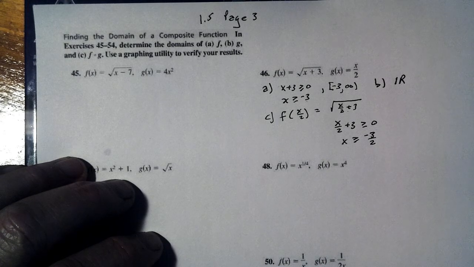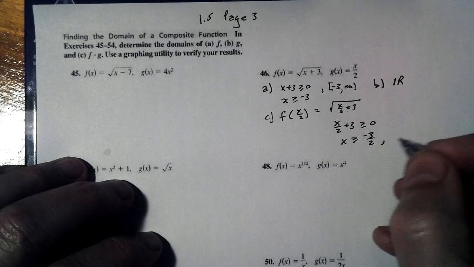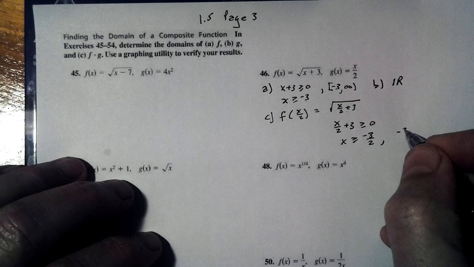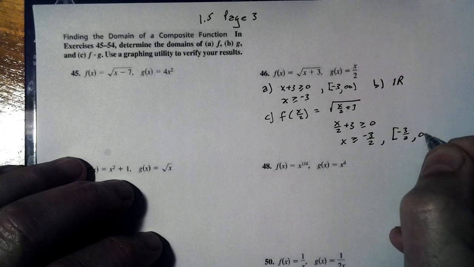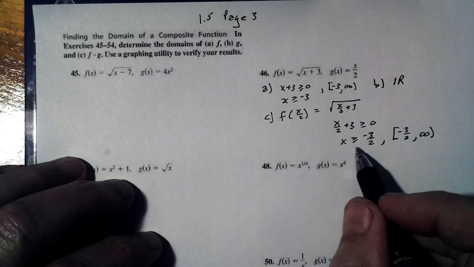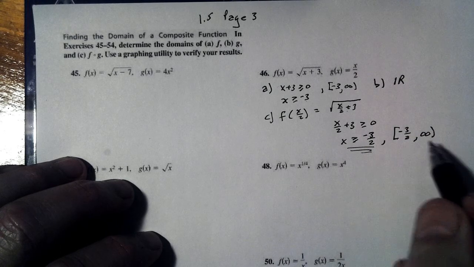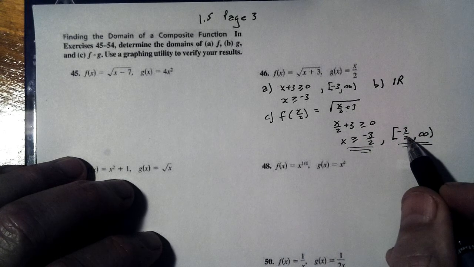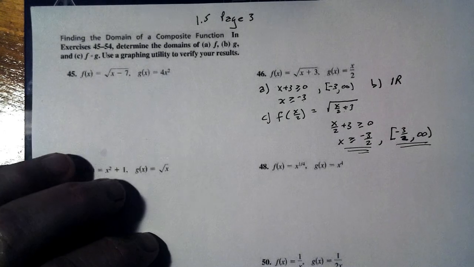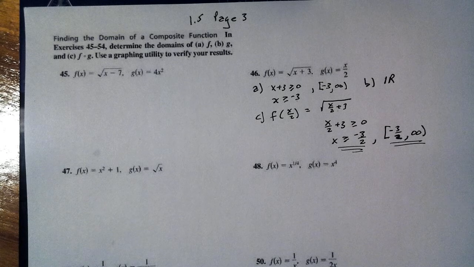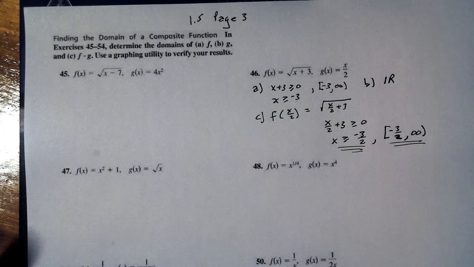There's my domain for C. That, of course, is -3/2 is okay to infinity. Now, the answer key, I believe, will probably have this, but again, that interval notation is widely used in this book as we move on, and very widely used in calculus. So we want to get comfortable with that.